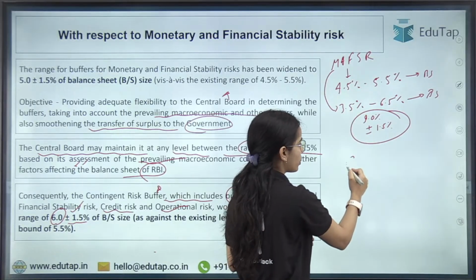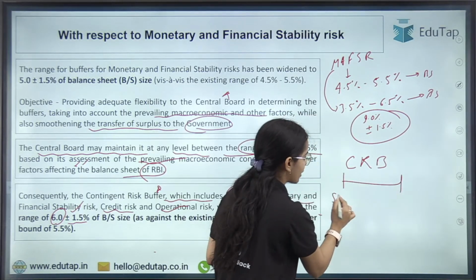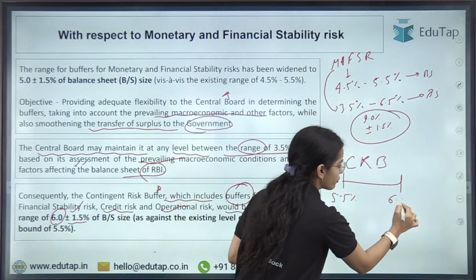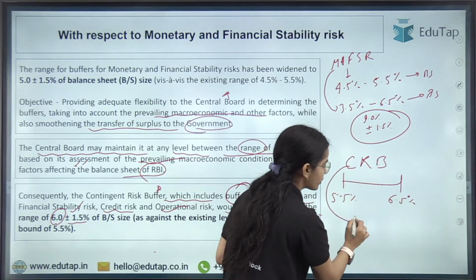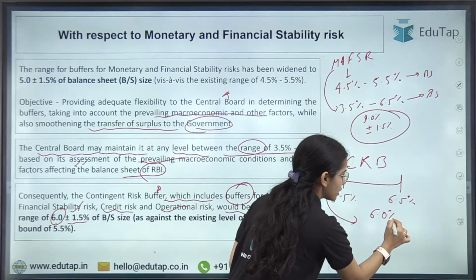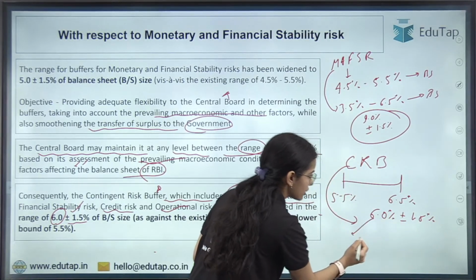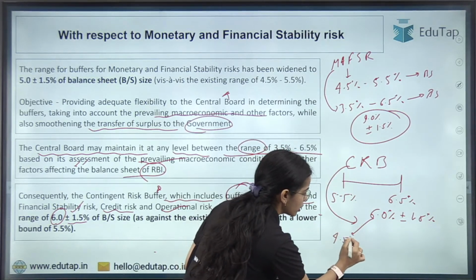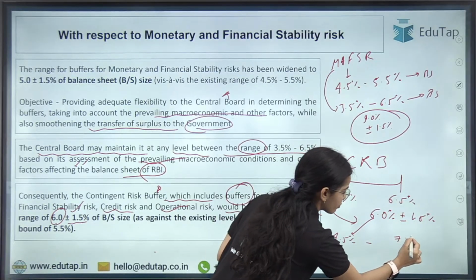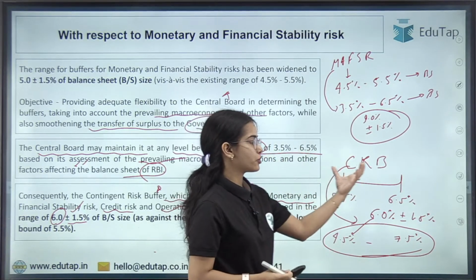For the contingent risk buffer, before, the range was 5.5% to 6.5%. But now the range decided is 6.0% plus minus 1.5%. So that is 4.5% to 7.5%. Understood? So this is the new range for the contingent risk buffer.